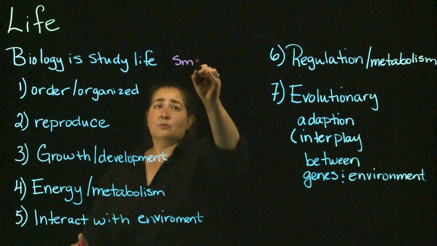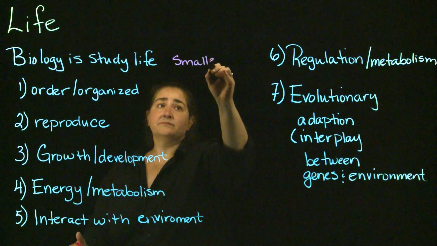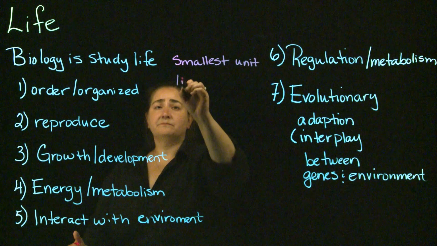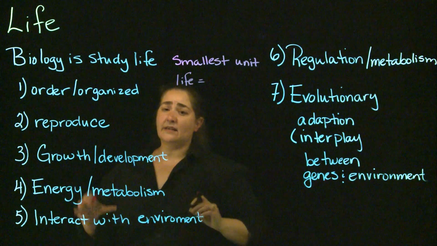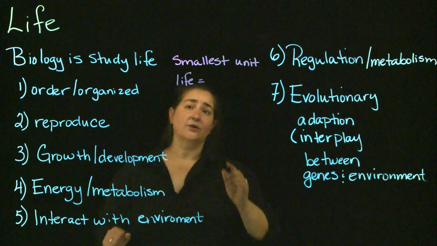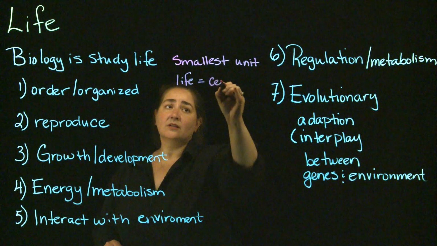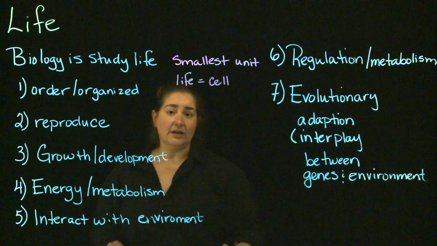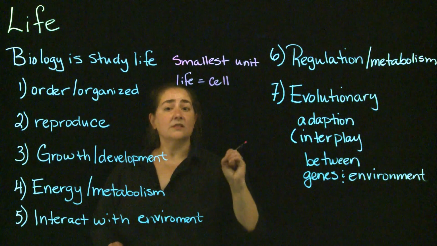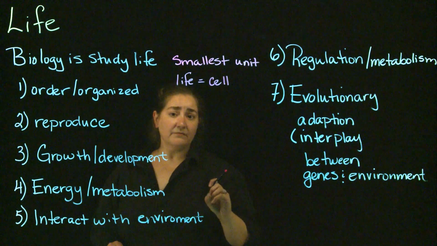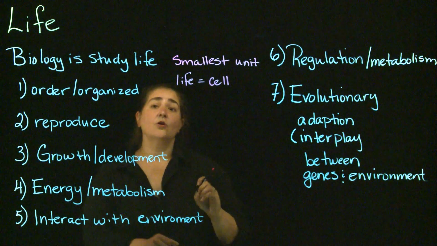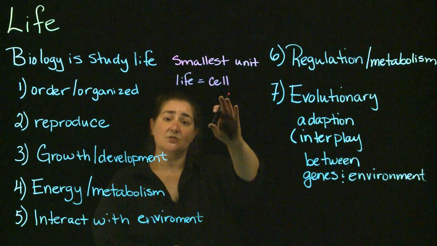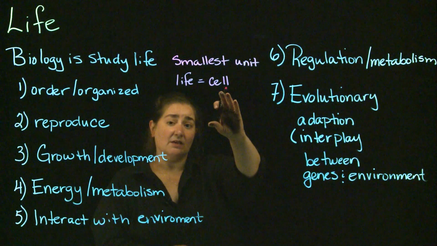I'll go ahead and give you the punchline here. Our smallest unit of life that has all of these characteristics that we are going to talk about this semester is the cell, okay? So the cell is going to be the smallest unit of life that we will discuss this semester. We are going to talk about smaller structures. We're going to talk about the chemistry and the parts that make up the cell.